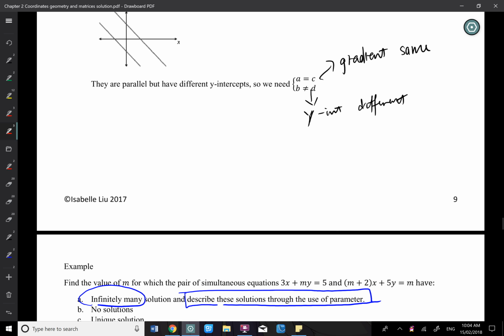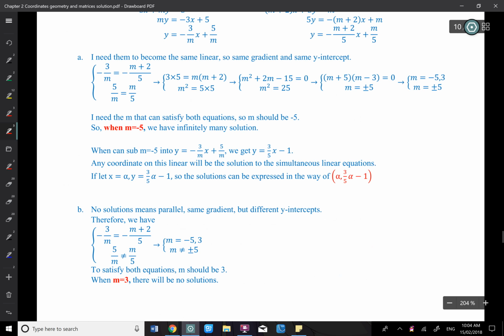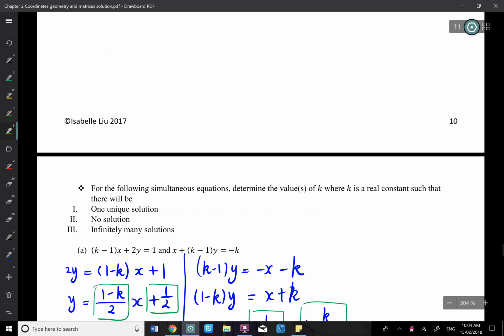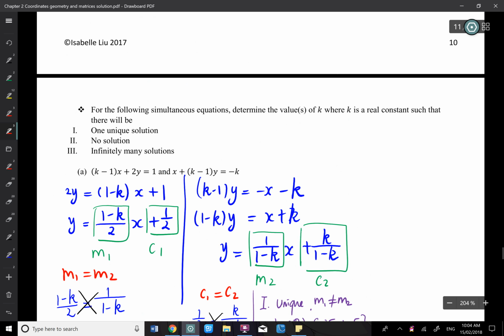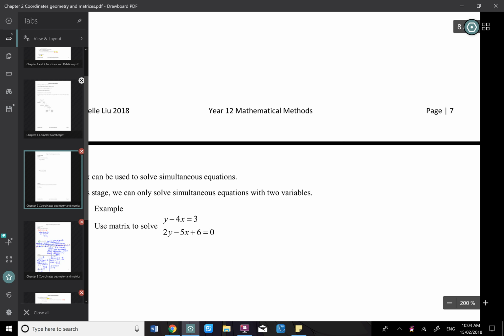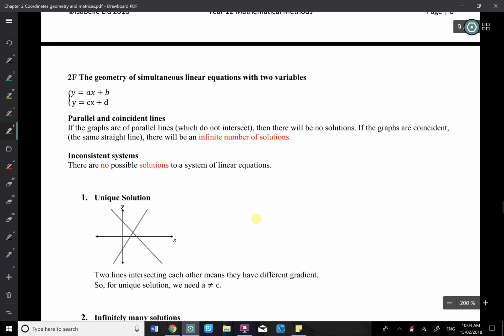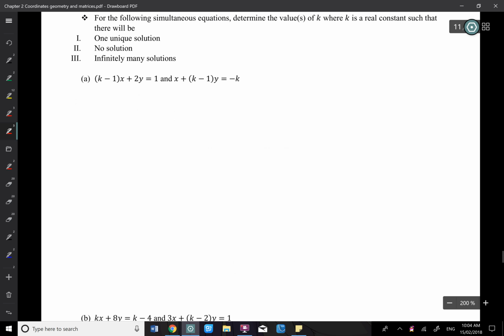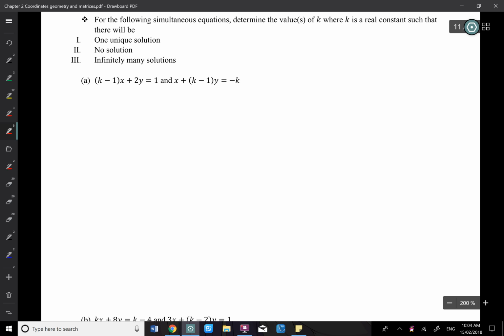If you're interested in this method, this is a full solution here for one question, asking when there's no solution, when there's one solution, and when there are infinitely many solutions. That's just an example if you're interested. I'm not going to go through that today. Instead, I will show you another method, using the matrix method.